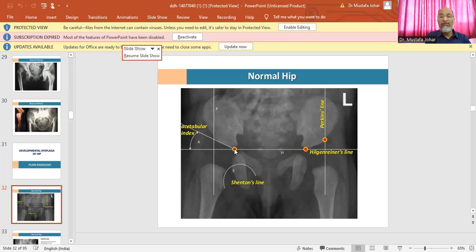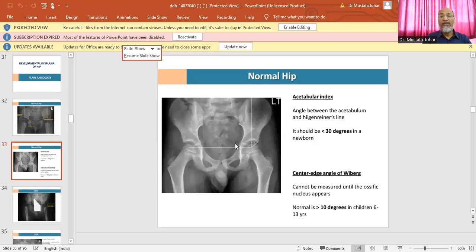Then the Shenton line, which you can see, is continuous on the right side, and is formed by the inferior edge of the neck of the femur and the superior margin of the obturator foramen. Then you have the acetabular index, which is what? An angle between the acetabulum and the Hilgenreiner line, as we said, and it should be less than 30 degrees in a newborn. If it is more, that means the acetabulum is dysplastic.